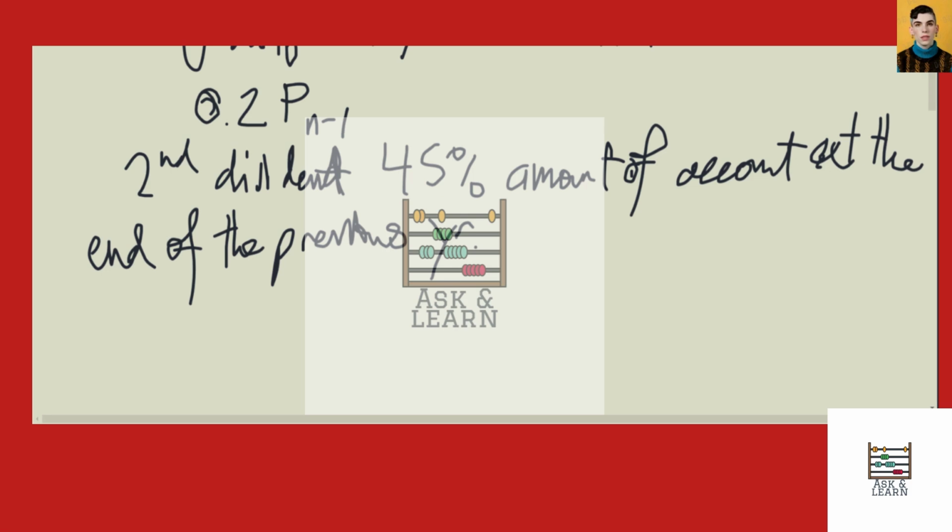And the amount in the account during the previous year is Pn minus 2. And so the second dividend is 45% of Pn minus 2, which is 0.45 times Pn minus 2.